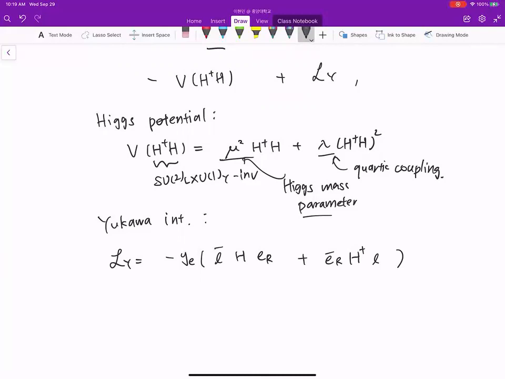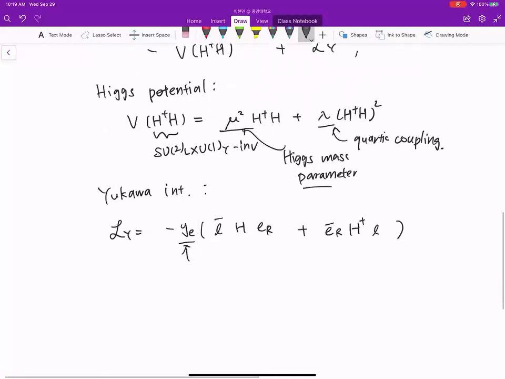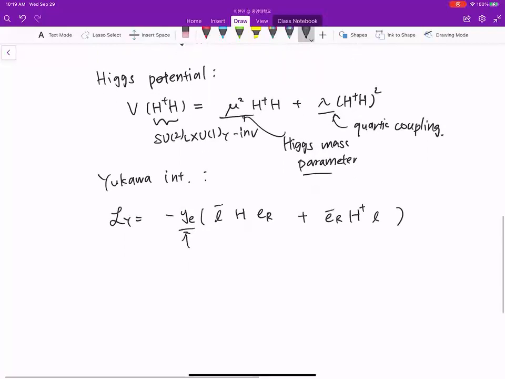Of course, in general, this Y is the Yukawa coupling. This could have a complex phase, but it is known that you need at least 3 generations to get a non-zero CP phase. So you can ignore the potential complex phase. So this is your coupling.